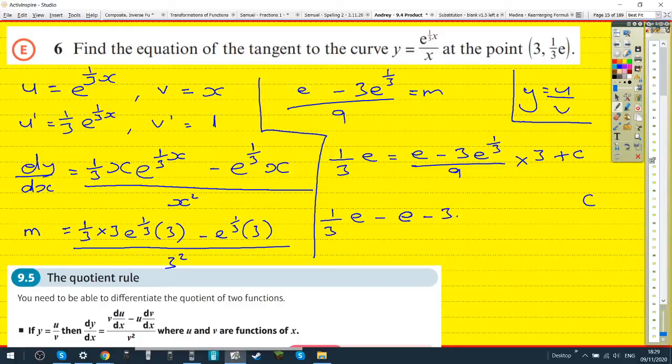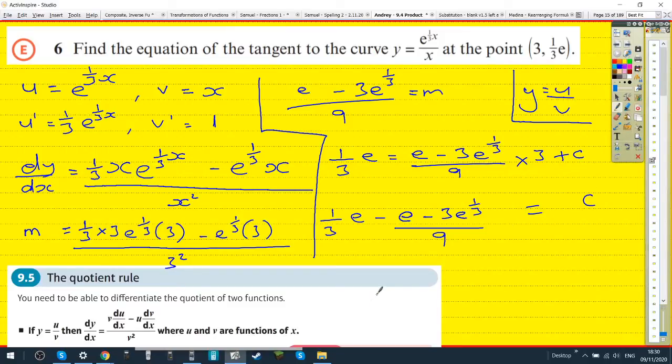Yeah. And divide that on. Equation of the line. Is that the answer? Let's see.